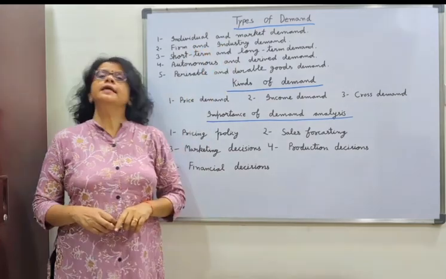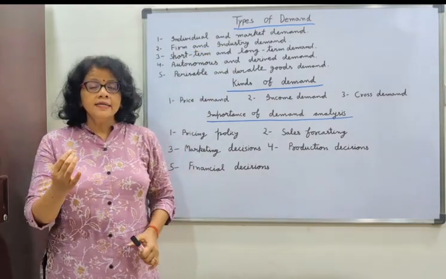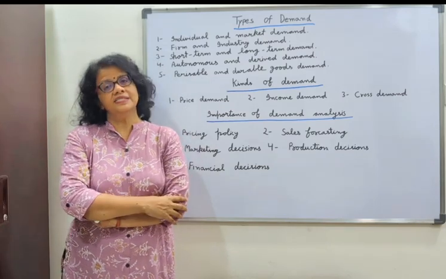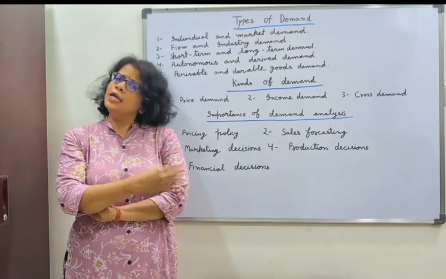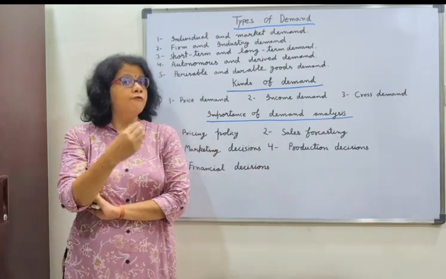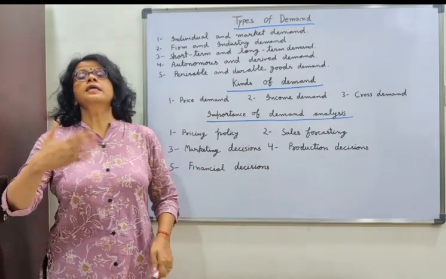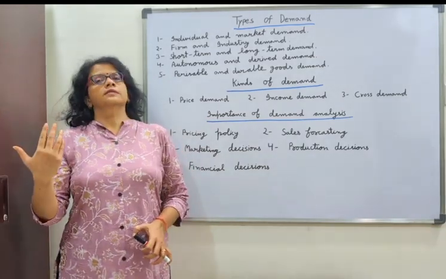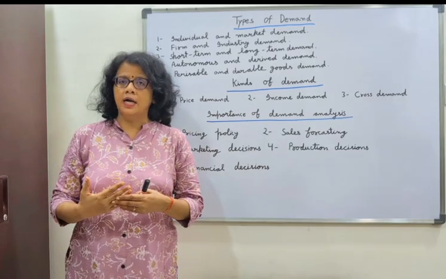Individual and market demand. When any product is demanded by a single person, that is called individual demand. But when the same product is demanded by all the persons, that is called market demand.